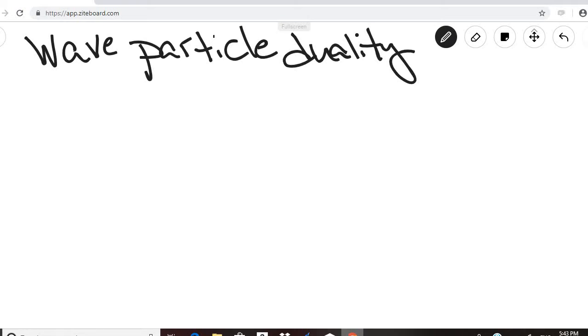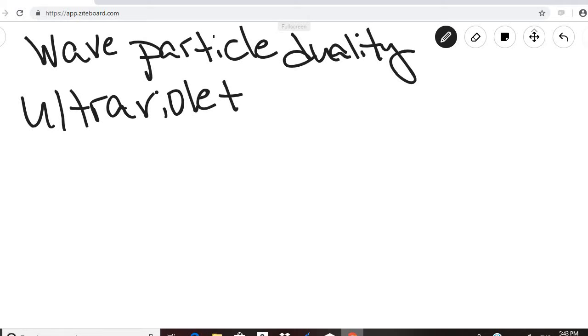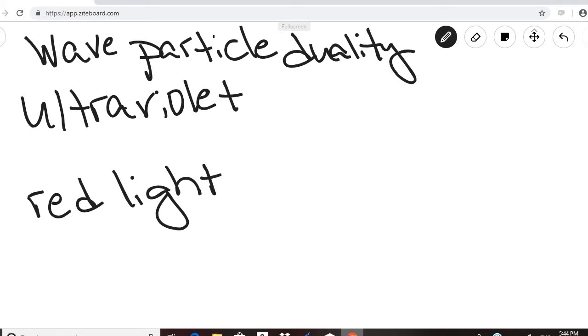So for example, ultraviolet light will emit electrons, but red light will not. Okay, so ultraviolet light will, red light will not.